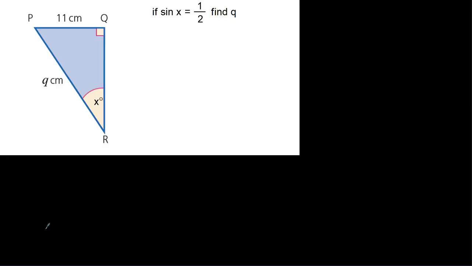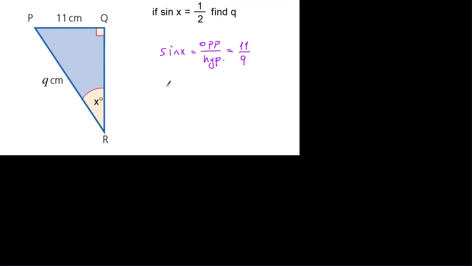Here we are going to solve the questions by using the trigonometric ratios. If sin x is equal to 1 over 2, then this ratio should be equal to 1 over 2 also in this triangle, which means opposite over hypotenuse. Opposite of x is 11, and the hypotenuse is q, so sin x is equal to 11 over q.